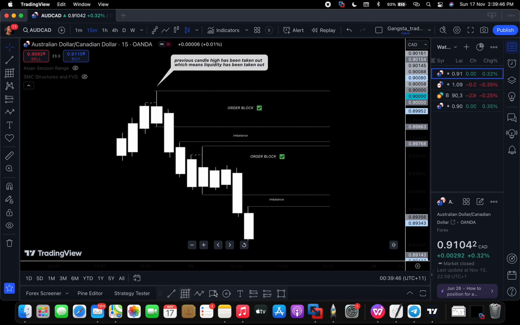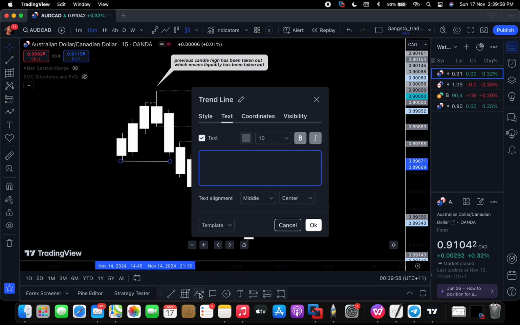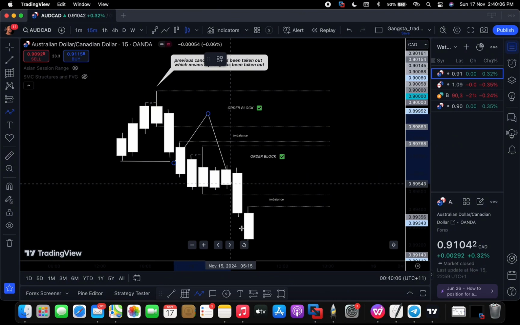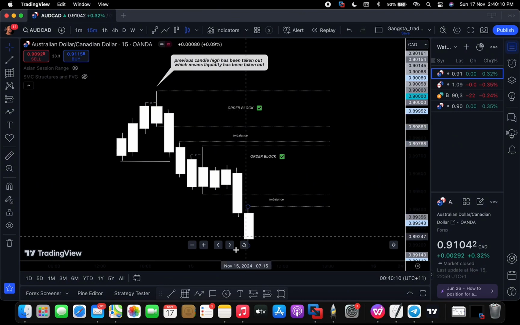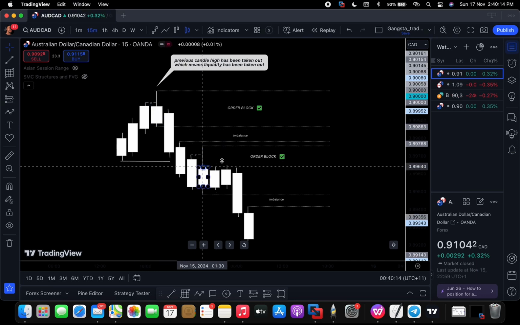Definitely, in the future, when price breaks here, price would always find its way back and tap on this order block and continue to the downside, right? Okay, so we have the second pullback here, like this.